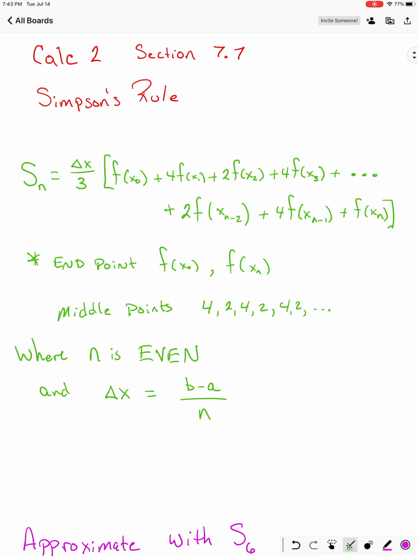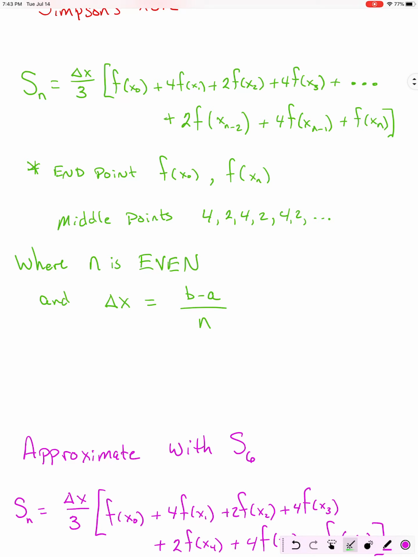So let's take a look at the algebraic definition of Simpson's rule. S sub n is equal to delta x divided by 3, multiplied by the endpoints, x sub 0 and x sub n. We put those individually into the function and add them together.